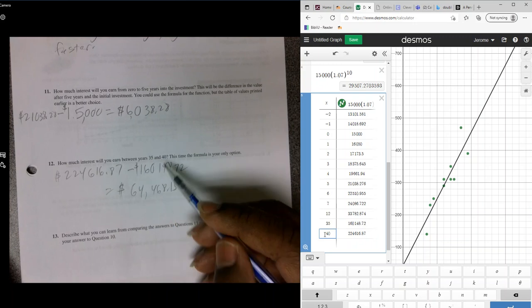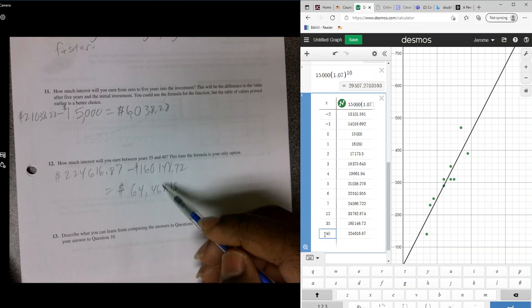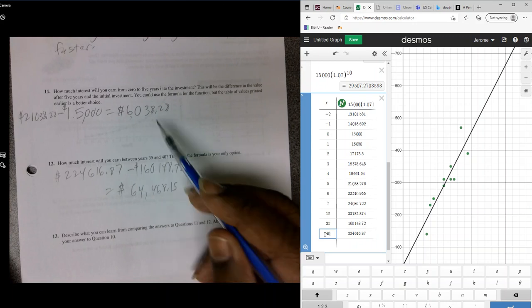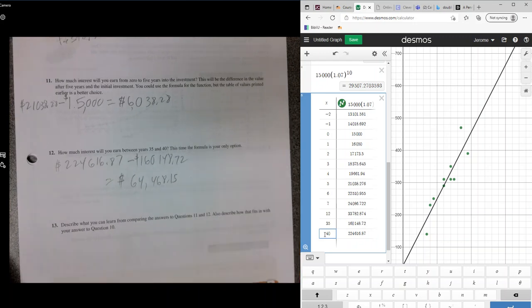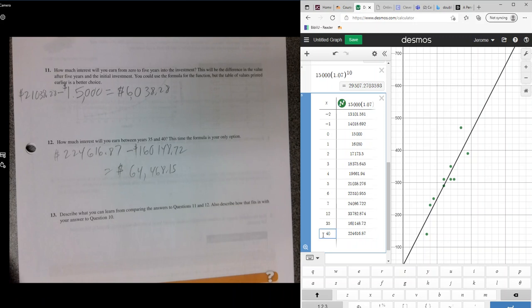Now it says describe what you can learn from comparing the answers to questions 11 and 12. Also describe how that fits in with your answer to question 10. All right.